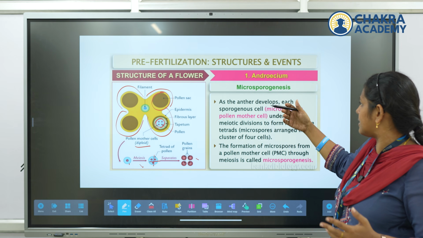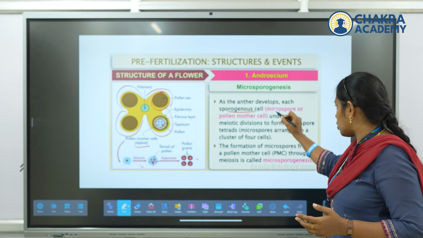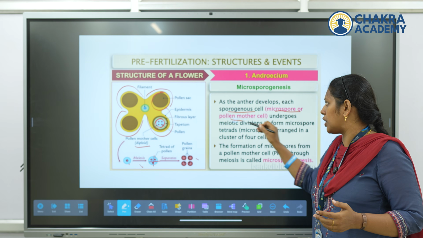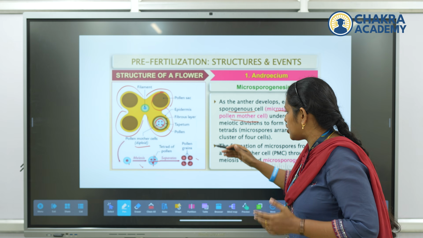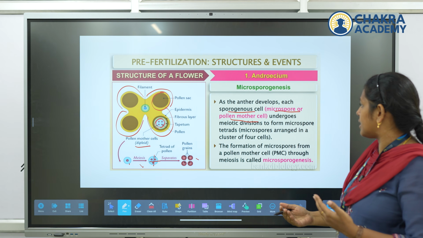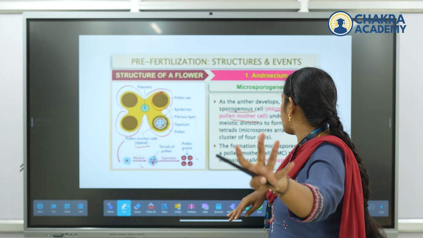So as the anther develops, each sporogenous cell, also known as a microspore mother cell or pollen mother cell, undergoes meiotic divisions. Once it undergoes meiotic division, it forms microspores in tetrads. Tetrad means 4.